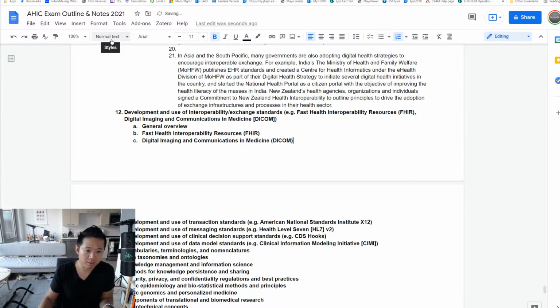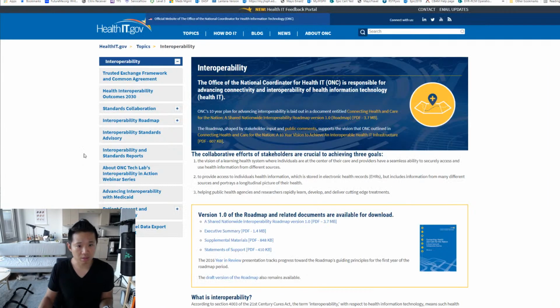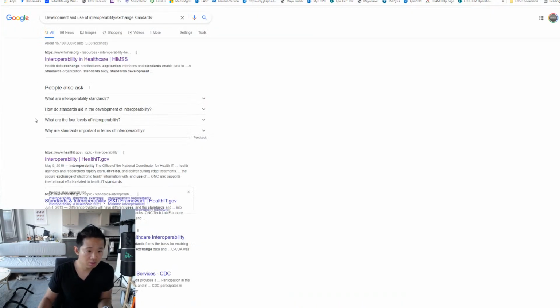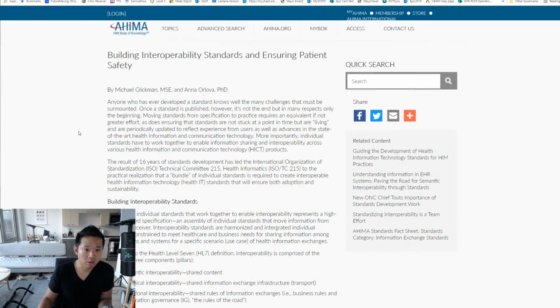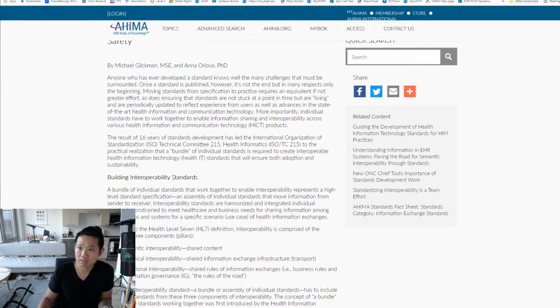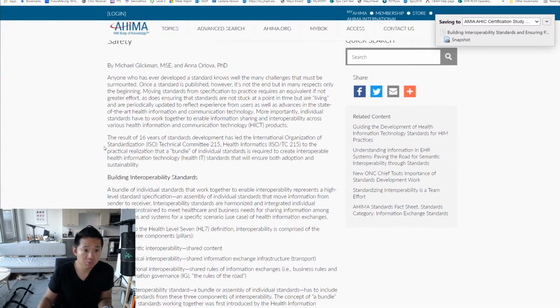There's definitely more, but maybe I'll come back to this eventually. So we'll do the general one, the one article that Dr. Orlova was involved in, which does a pretty good job of painting all the different types of standards out there, and I think this is probably pretty good.